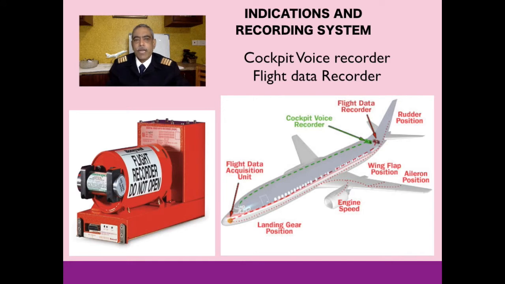The cockpit voice recorder also is very similar equipment. But normally the entire flight duration of cockpit voice may not be recorded. In many planes, the last 45 minutes or last 4 hours, like that, some duration would be recorded.